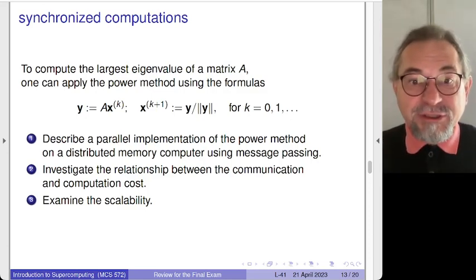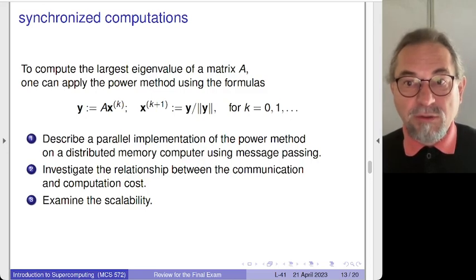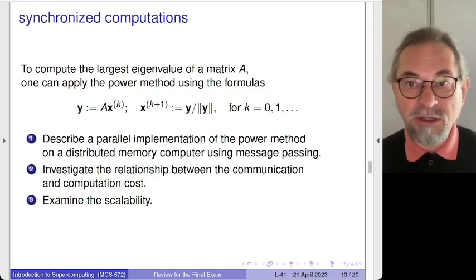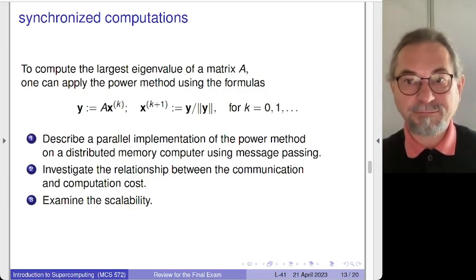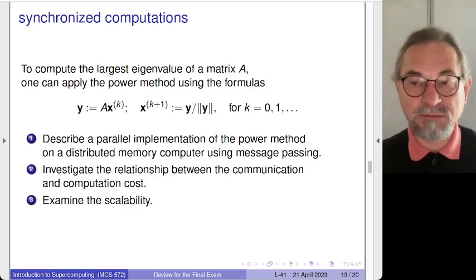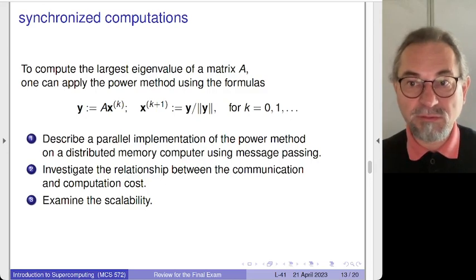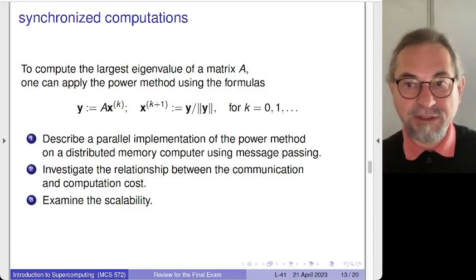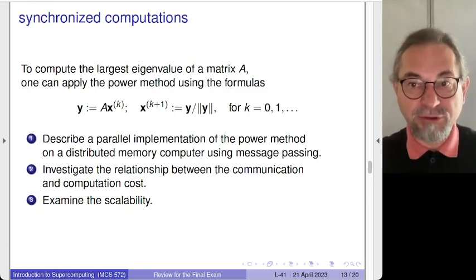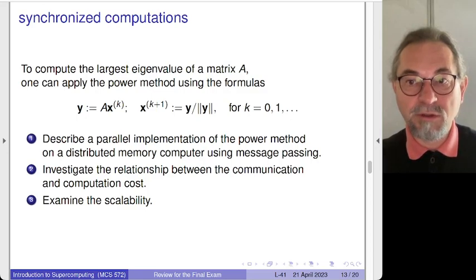Okay, what is the relationship between the communication and computation cost? So you have the big data at the very beginning, and this algorithm has the minimum communication cost. You would hope that the matrix is structured, but anyway, the startup cost will essentially depend on the size of the matrix.